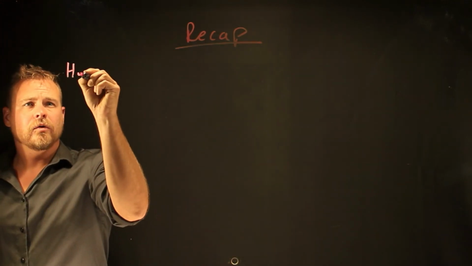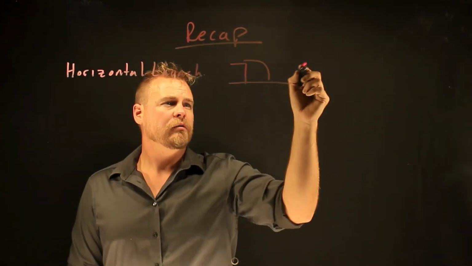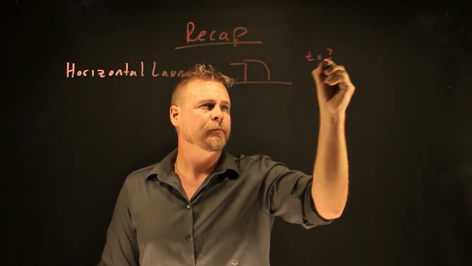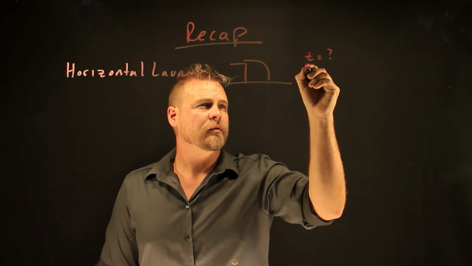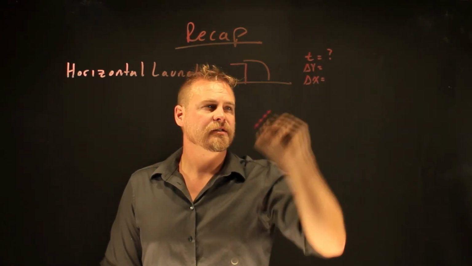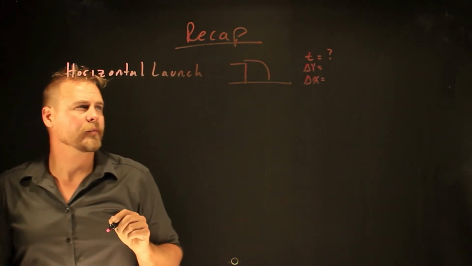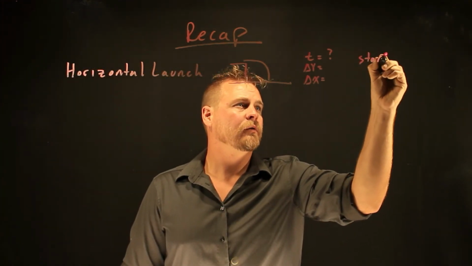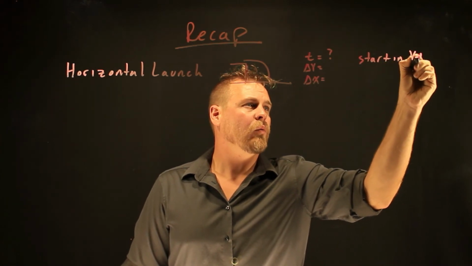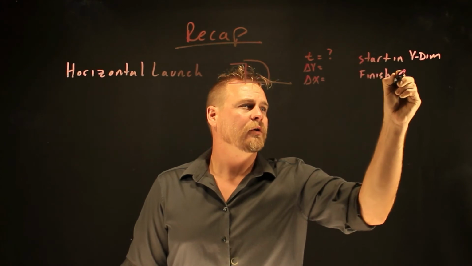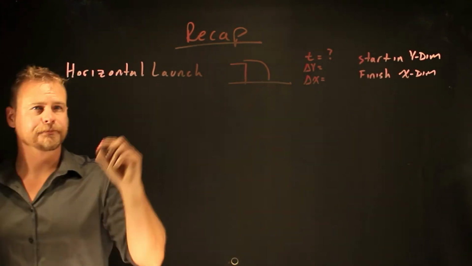Okay, we have horizontal launches. You're going to need to be able to solve for time, the height, and the distance, given a certain amount of information. Typically, you need to start in the y dimension and finish in the x dimension.